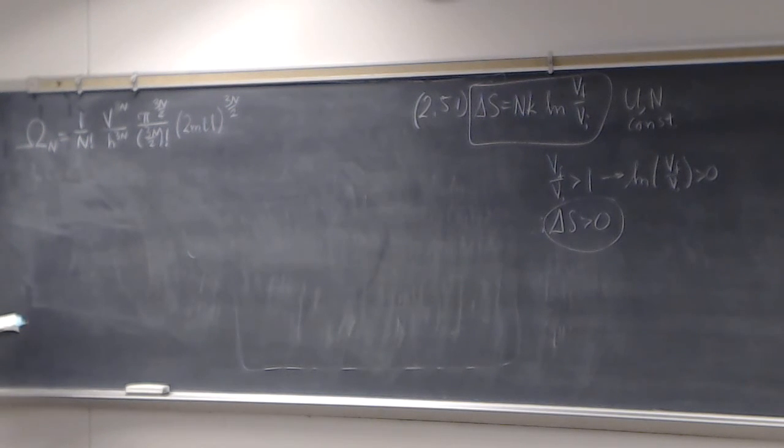Okay, that's the multiplicity of an ideal gas of n particles. And the entropy, which is just k times the natural log of this, is the Sackur-Tetrode equation.